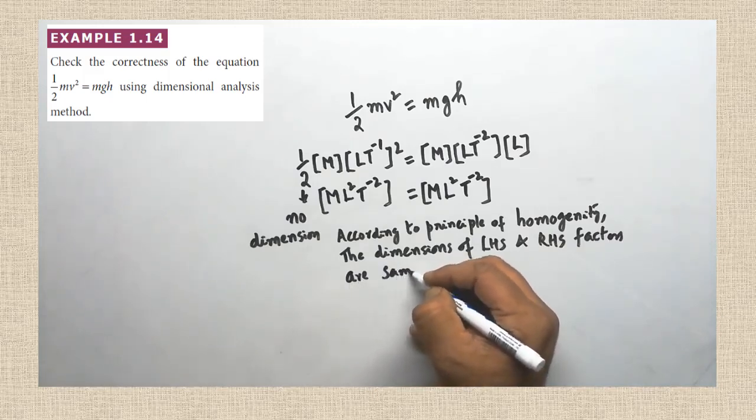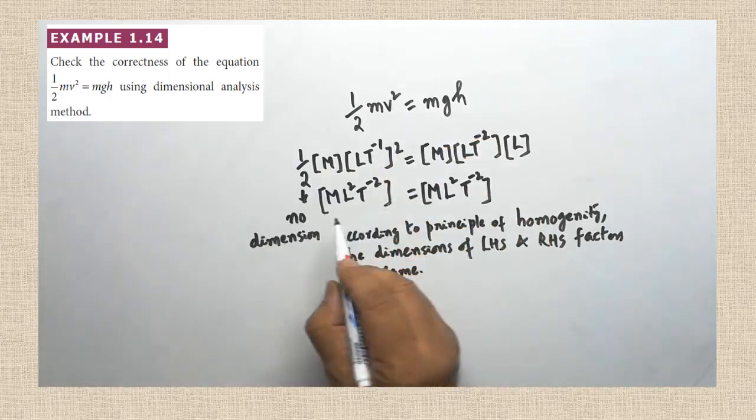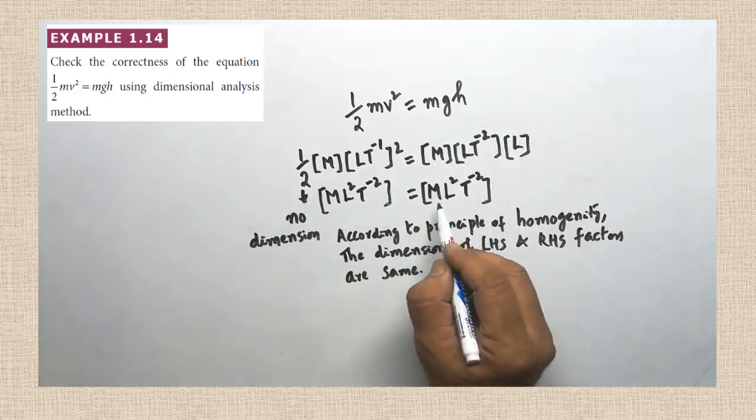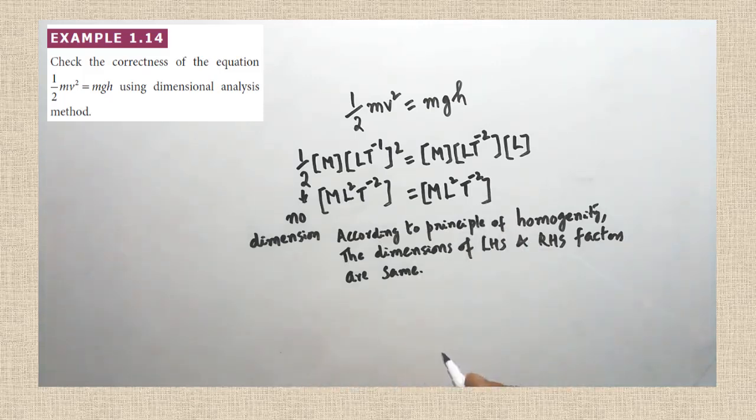Isn't it? The dimension of half mv squared is ML^2T^-2. mgh is another factor whose dimension is also ML^2T^-2.